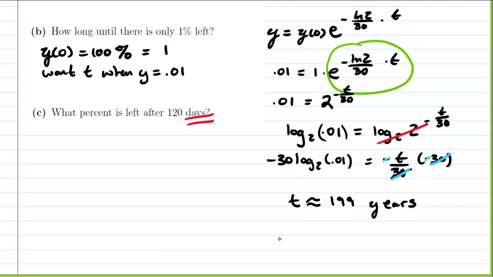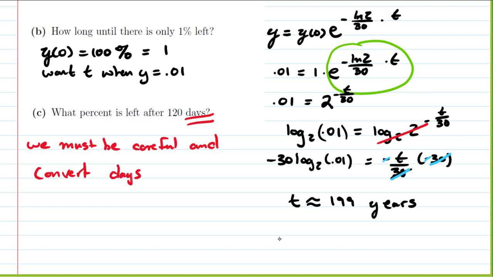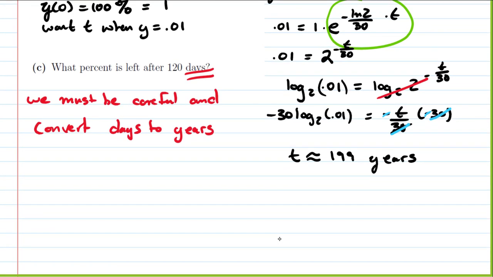So we must be careful and convert days to years. So if we have 120 days, we'll use the fact that there are 365 days in 1 year.